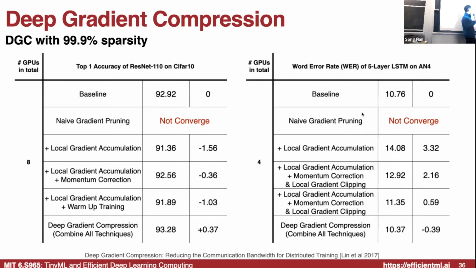By combining all these techniques, including local gradient accumulation, momentum correction, and also local gradient clipping, since LSTMs and RNNs can suffer from the gradient explosion effect, we have to clip the gradient if it is above a threshold. And so by combining all these methods, deep gradient compression, DGC, can actually fully recover the error rate.